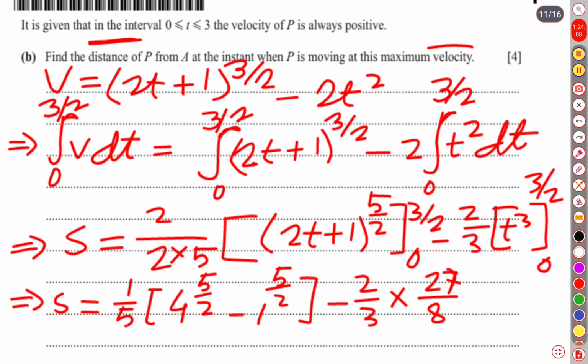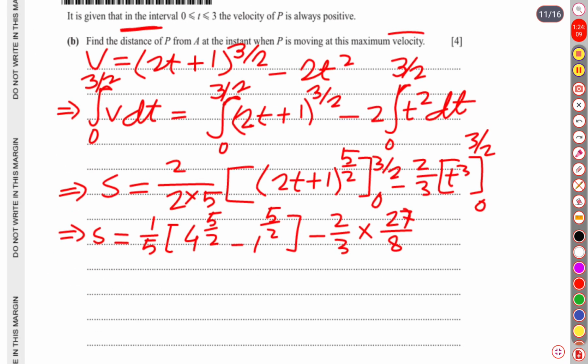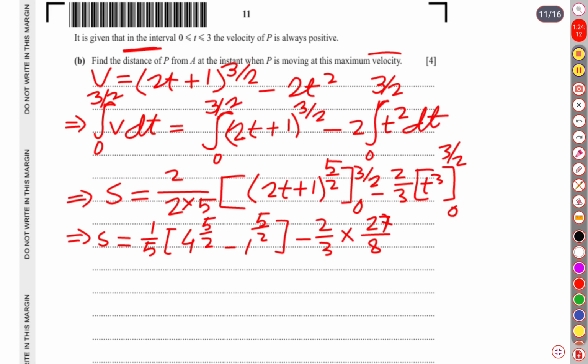Finally, if we use our calculator, s is equal to 1 over 5 into this, 2 raised to 5 is 32, so 31, minus 54 over 3 eights are 24.